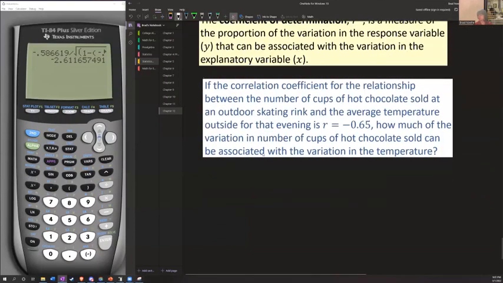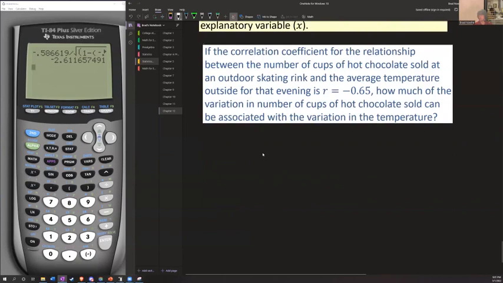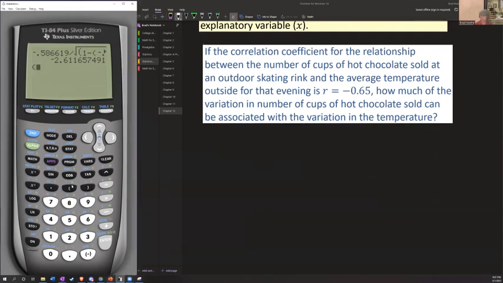if the correlation coefficient for the relationship between the number of cups of hot chocolate sold at an outdoor skating rink and the average temperature outside is R equals negative 0.65, how much of the variation in the number of cups of hot chocolate sold can be associated with the variation in temperature? So what that means is I can go ahead and take my negative 0.65 and square it.